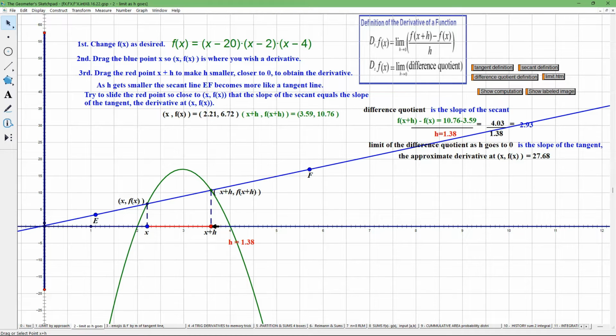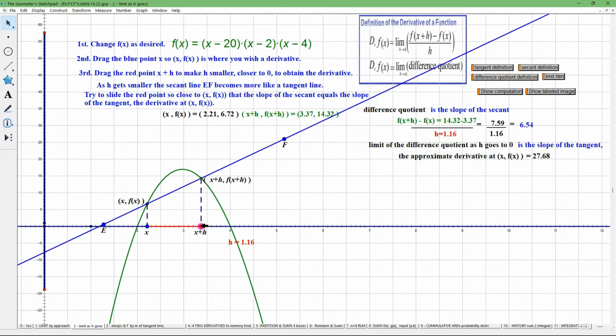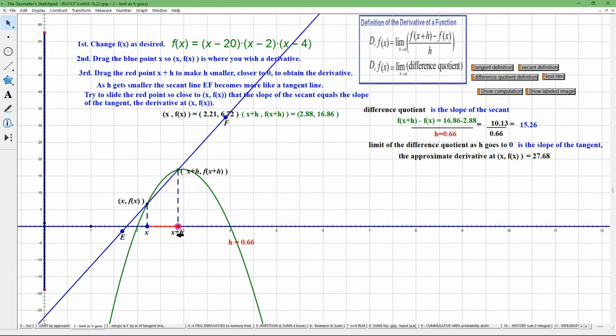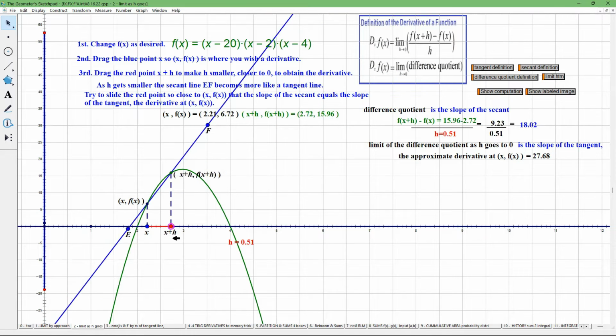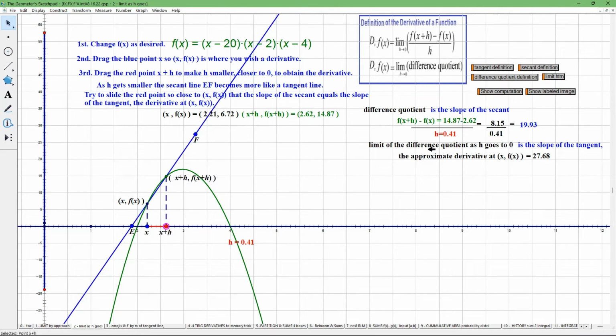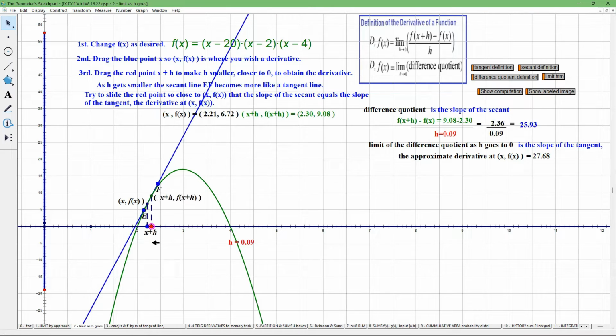So we're going to make h smaller and smaller. h is approaching 0. We're still pretty big. h is approaching 0. The curve is looking more like a tangent and less like a secant. We get close. There's your tangent as best we can do it.